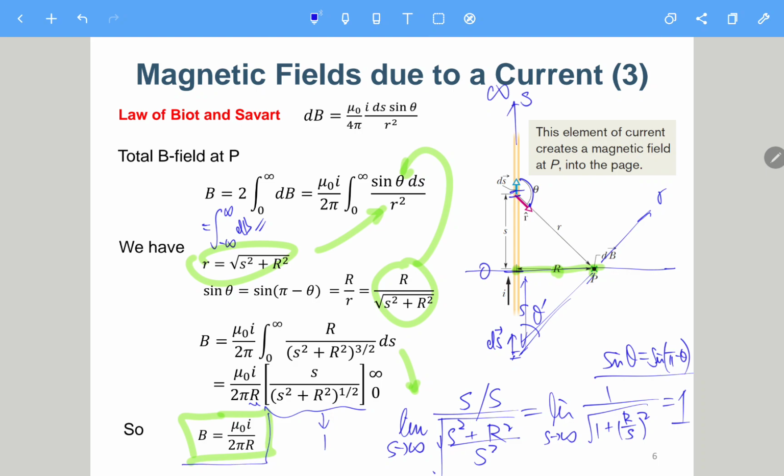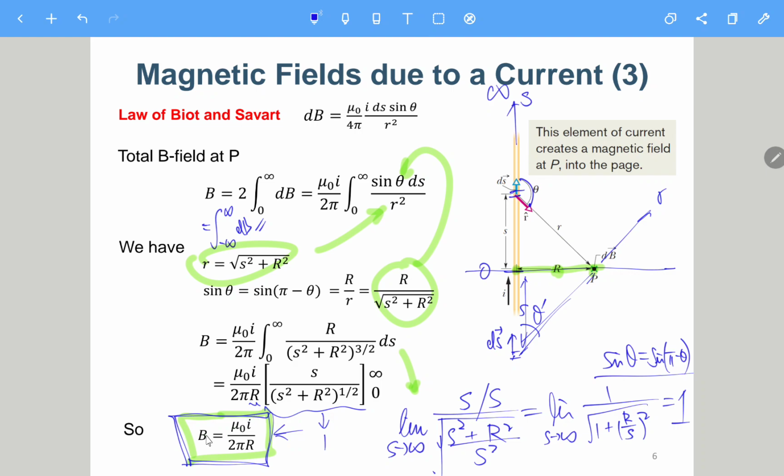Okay, so we will use this one very frequently throughout. So you can actually remember this one. mu 0I over 2 pi r. So mu 0 is a constant, 2 pi is also a constant, which means that the B field generated by a long straight wire is related to the current.